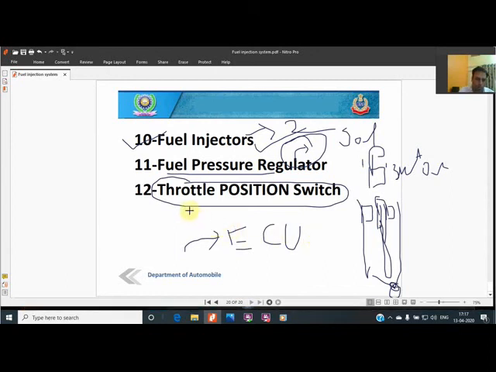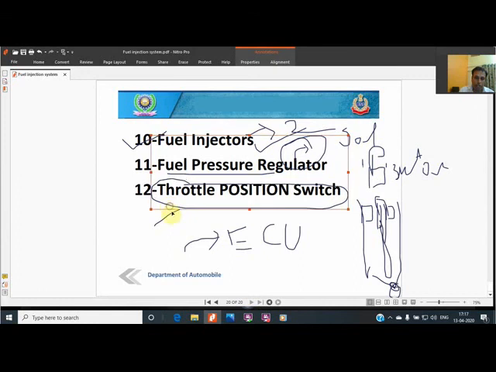Or when you are pressing the throttle fully, the driver's intentions are known by the throttle position sensor, and from this sensor the system gets the decision of how much fuel is to be injected.